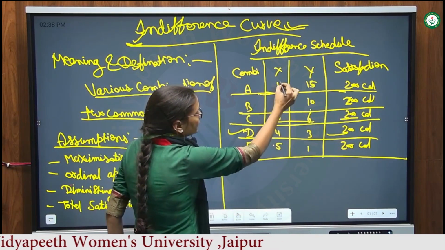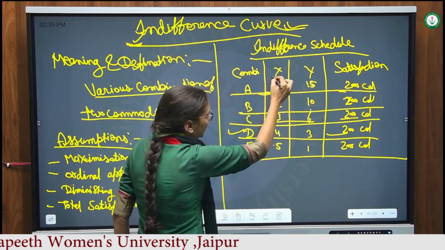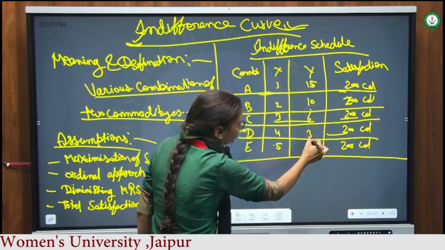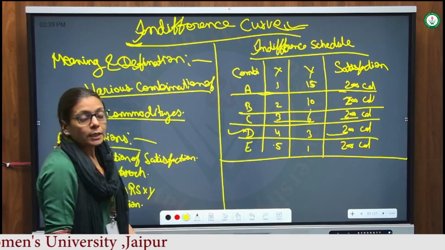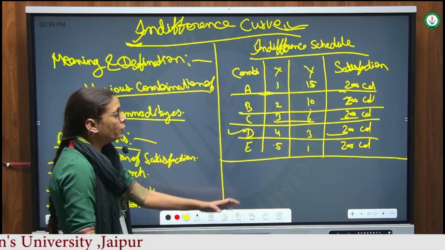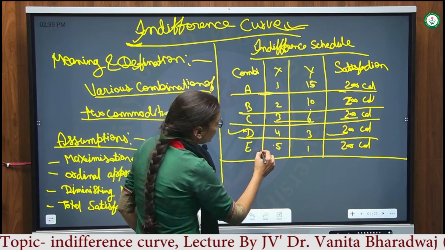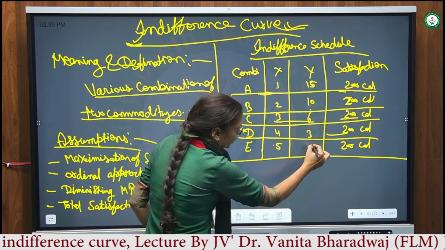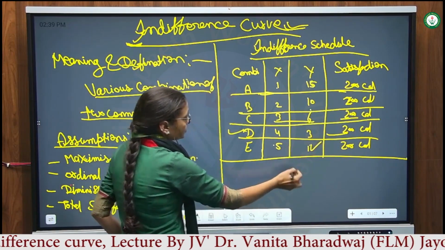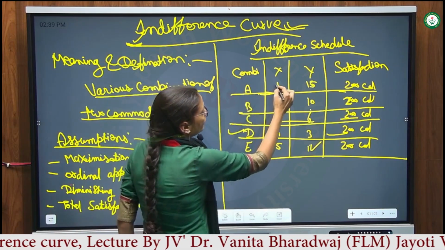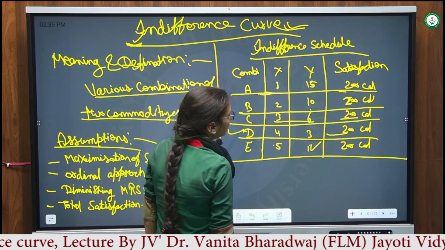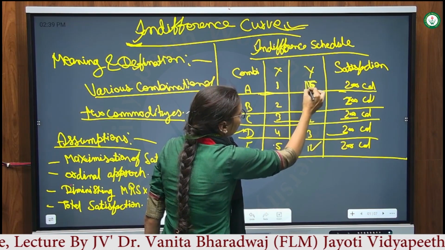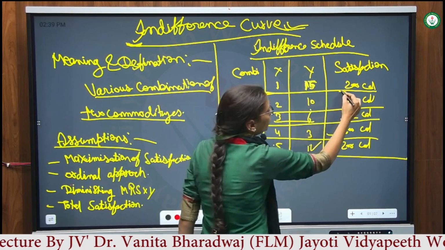As we increase the X units of commodity, we have to diminish the Y units of commodity, because in a given money income, if we increase the units of one commodity, we have to decrease the other. That's why in the first combination we have 1 unit of X and 15 units of Y, and we receive the same level of satisfaction, 200 calories.